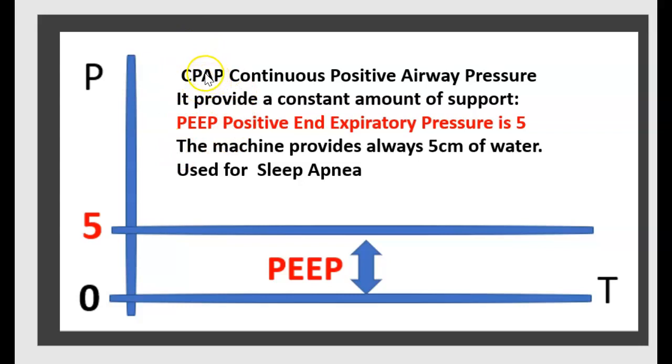CPAP is used for sleep apnea, especially obstructive sleep apnea. CPAP is the equivalent of PEEP. We talk of PEEP for invasive endotracheal tubes, and we talk about CPAP for conscious patients.